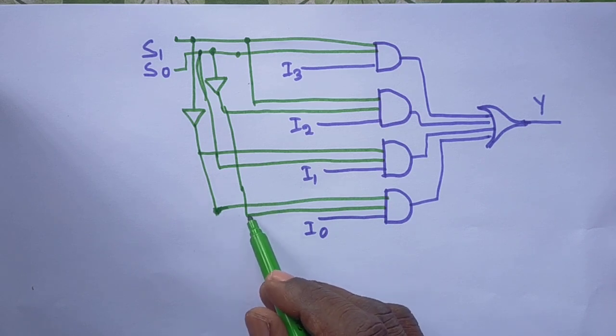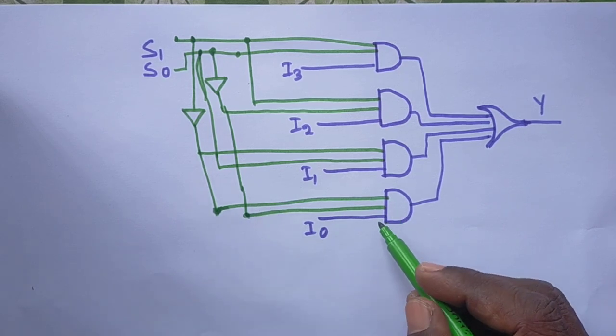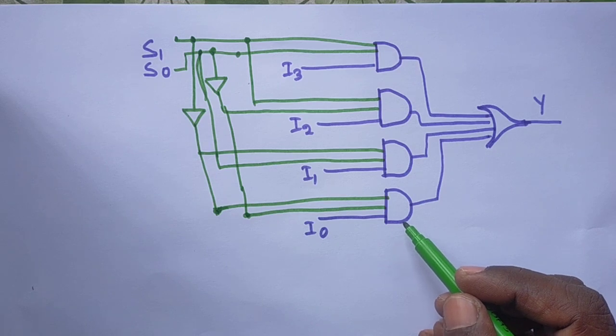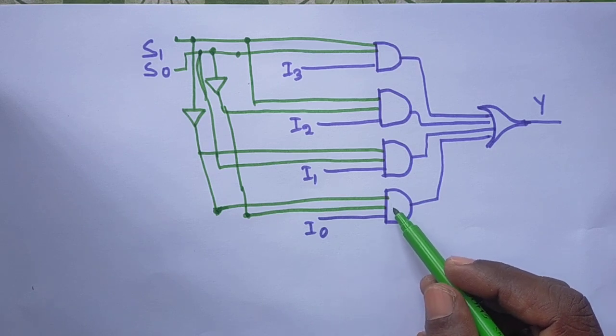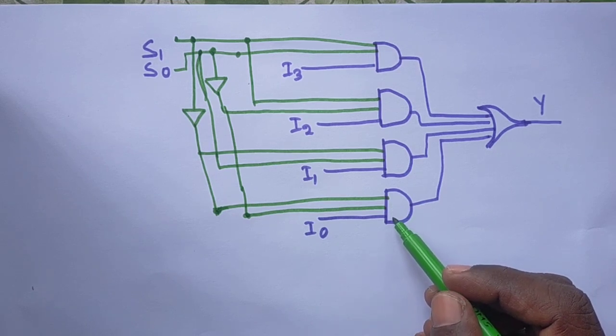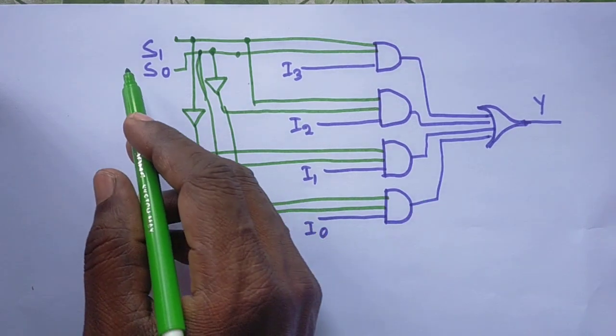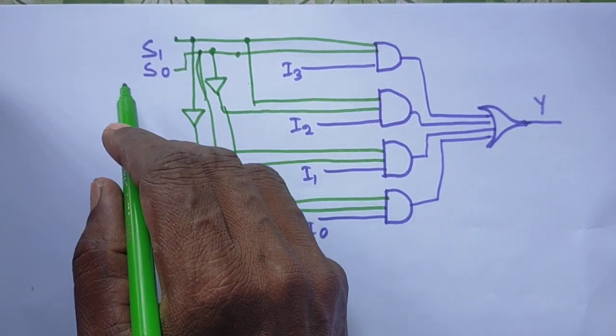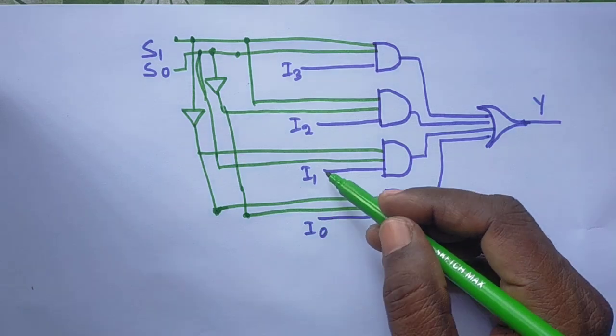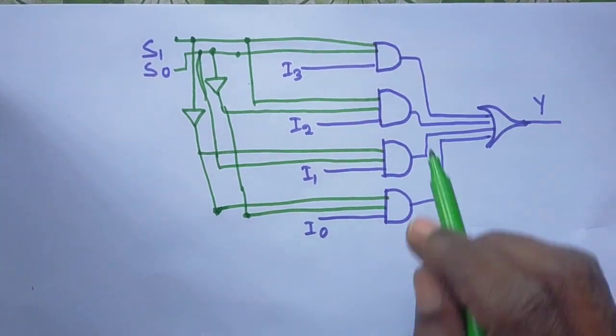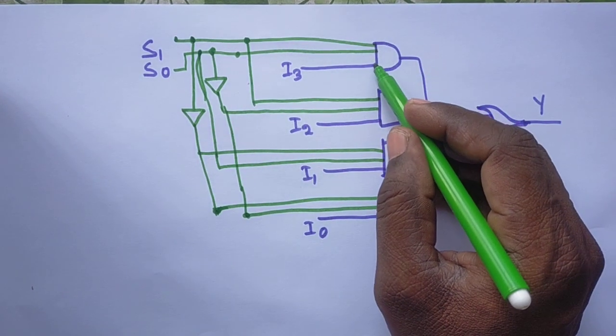This is the S0 and S1. So now we confirm how this AND gate receives the data, either S0, S1 or with complement, with I0, I1, I2, I3 of individual data.